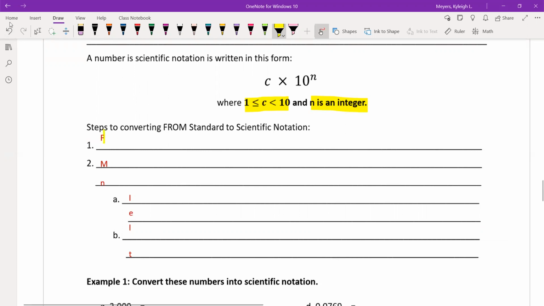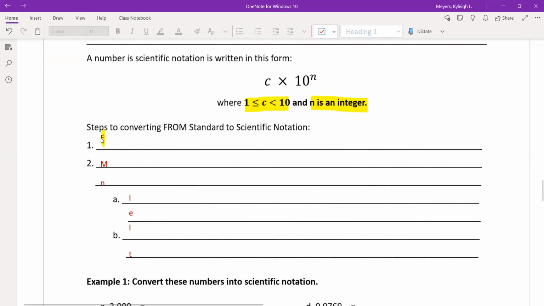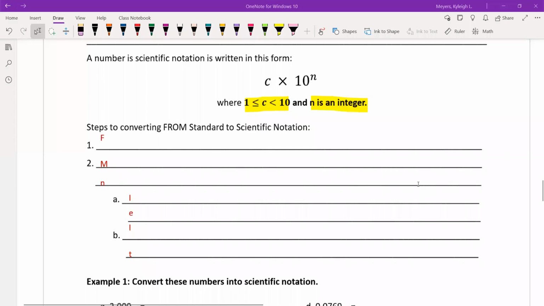notation. Okay, first thing you do is to find where the decimal point is or would be written.